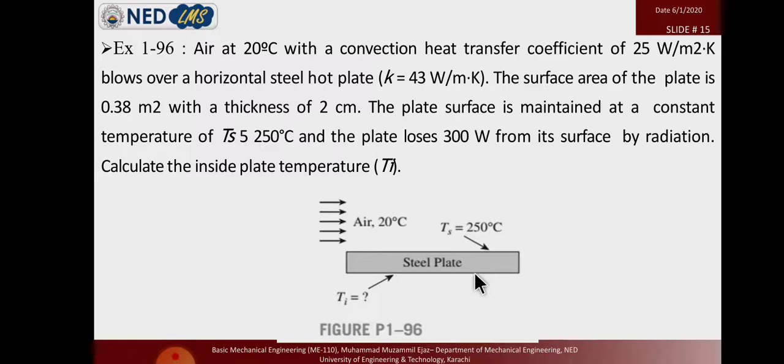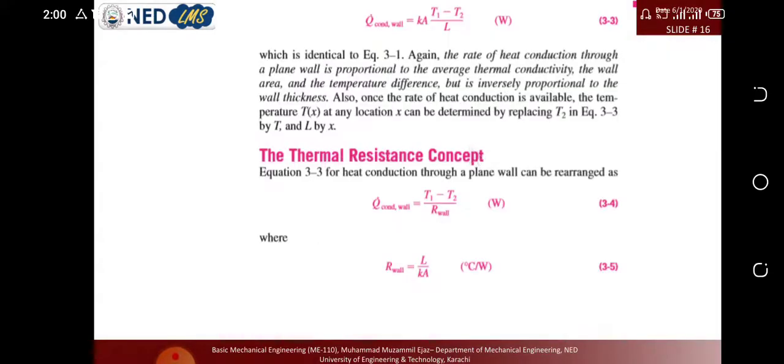It is like an example of a steel pan, where the stove is lit at the bottom and the air is touching the upper surface. First the heat transfers by conduction through the plate, and from the top surface the heat transfer goes to the surrounding by convection as well as radiation, and the radiation value is given. Okay, let's solve this numerical.